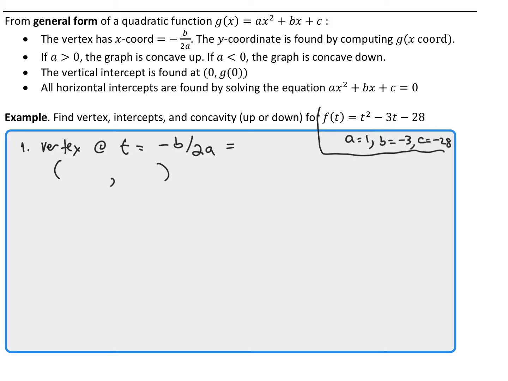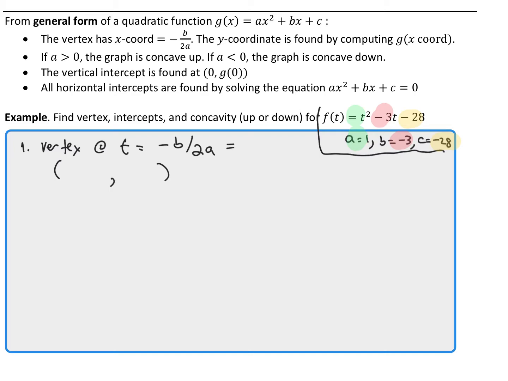When we have general form, we want to locate our vertex using this formula that we talked about in class. The first coordinate of the vertex is going to be at minus b over 2a, where the a and b are coming from the equation itself. The coefficients in the definition of the function are the a, b, and c.